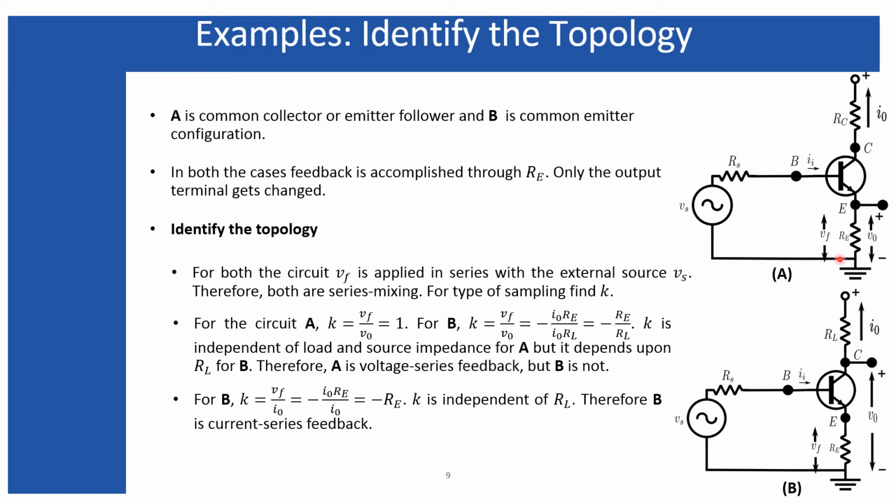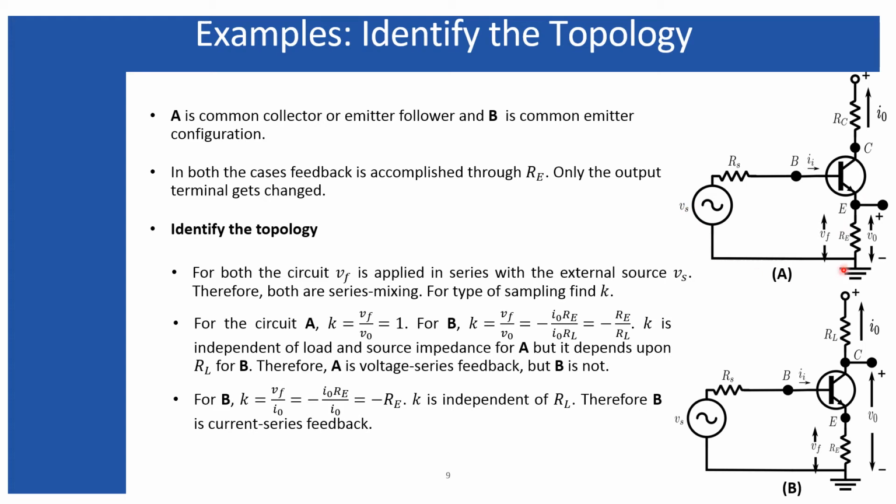And why it is common collector, I also have discussed during the presentation of the biasing characteristics of the bipolar junction transistor as well as the configuration of the bipolar junction transistors.